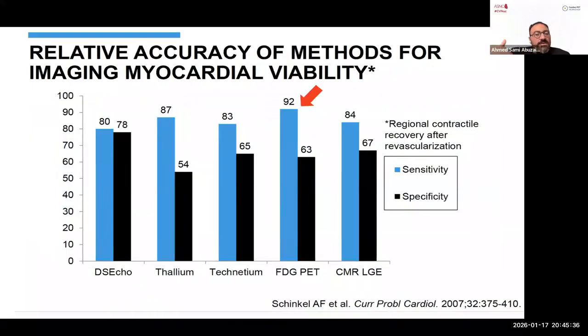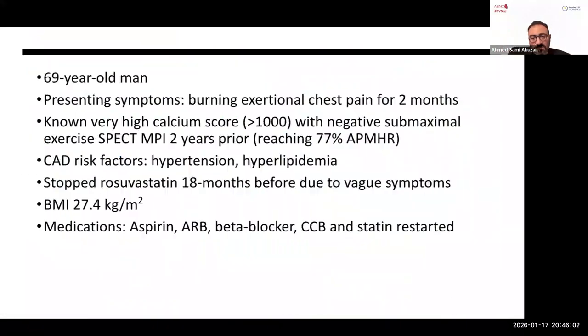We still think MRI is very robust and has high sensitivity and specificity, but believe it or not, cardiac PET actually has high sensitivity to pick up viability in the myocardium, very close to the MRI. There's a publication back in 2007, and a lot of publications nowadays show they are very comparable, depending on what's available in your lab or institution.